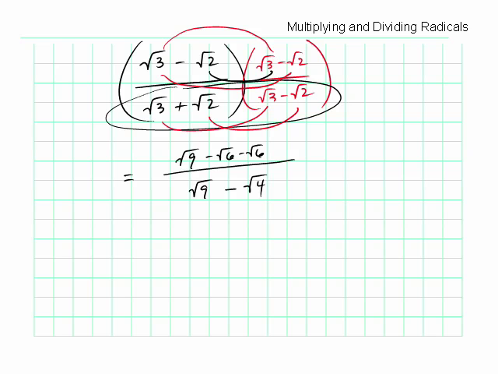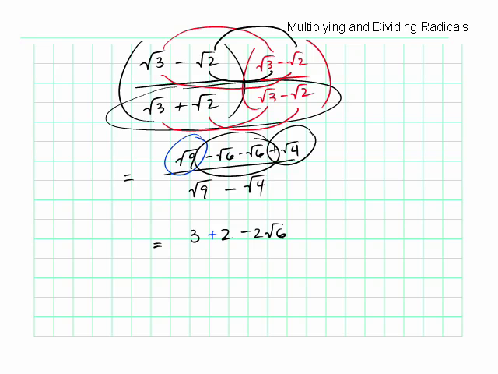And then finally, negative square root 2 times a negative square root 2 is a positive square root 4. That is a 3 plus 4, square root 4 is a 2. I'll put that up in the front here. Those combine to be negative 2 square root 6.